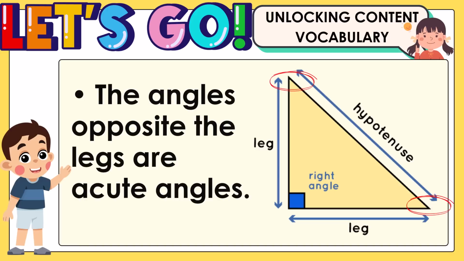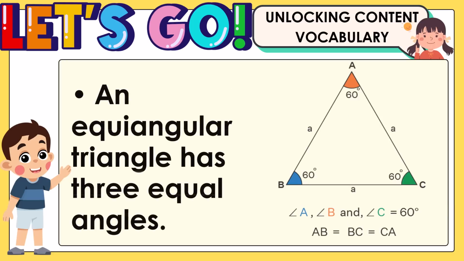The angles opposite the legs are acute angles. An equiangular triangle has 3 equal angles.